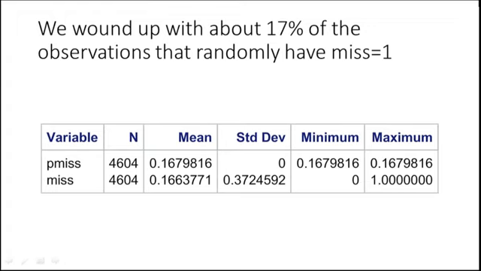Okay, and so now I can redo my analysis and see what would have happened had 17% of the failure times been missing, but they were missing completely at random.